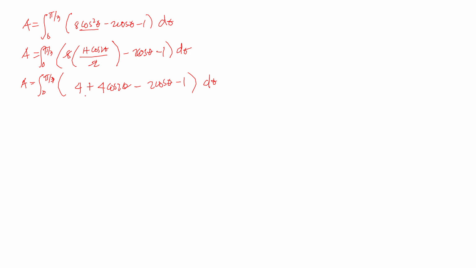Okay, we could simplify 4 and 1. So area is equal to the integral from 0 to pi over 3 of 3 plus 4 cos 2 theta minus 2 cos theta d theta. So we are going to integrate now.